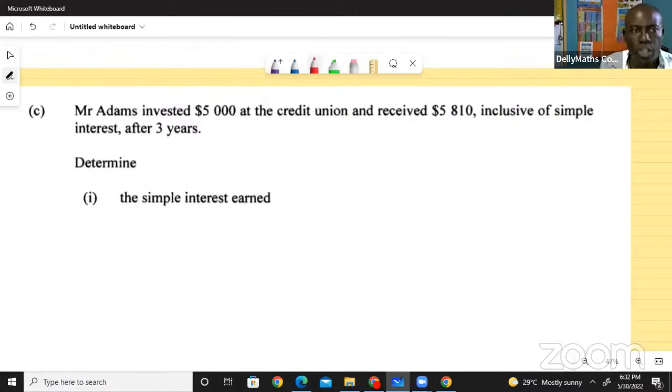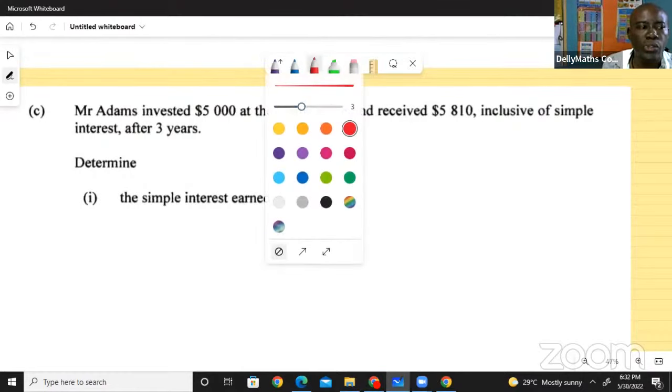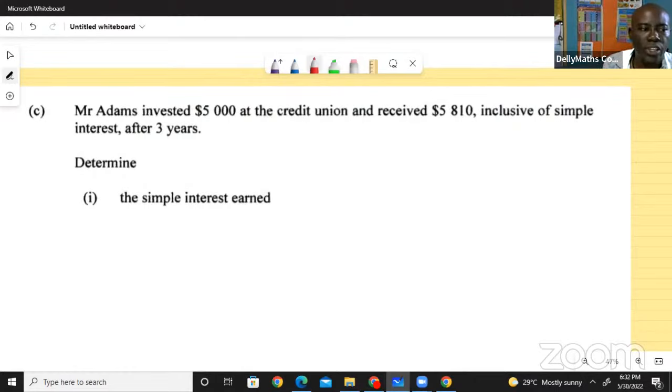In other words, you would have gone into that credit union, you invested $5,000. After 3 years, when you came back, you realized that you have $5,810, because they did say that $5,810 is inclusive of that simple interest after 3 years. So determining the simple interest earned.